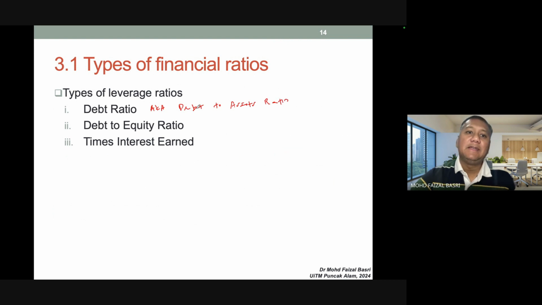Ni nama lain dia lah. The second one is known as debt to equity ratio, and the third one is times interest earned. So the first two, the lower, the better. Lower better lah. Tapi times interest earned, higher is better.